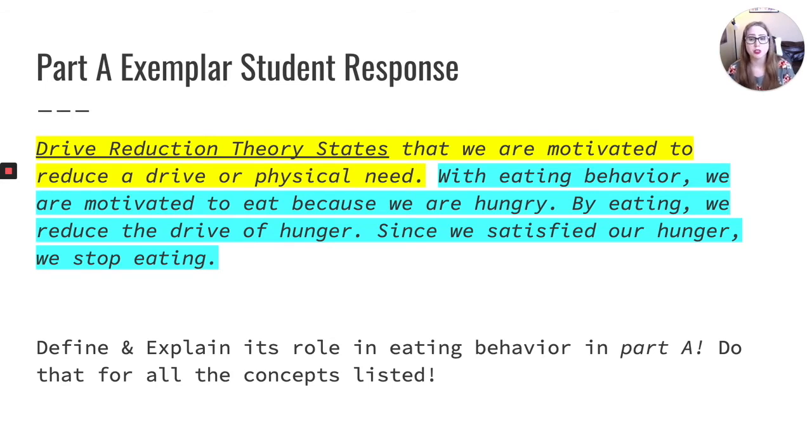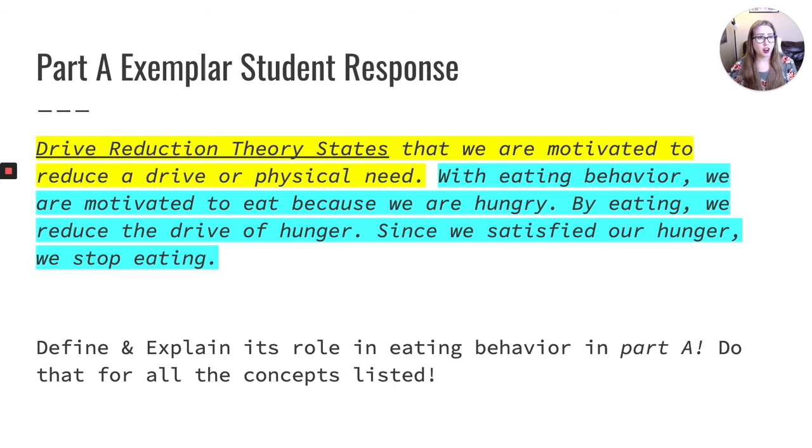By eating, we reduce the drive of hunger. Since we satisfied our hunger, we stop eating. Boom, that's how you get 1 point on part A. Not a whole lot of writing here either. So your job here is to define drive reduction theory and then explain how it affects eating behavior. You do that for all the concepts listed and you're going to get 4 points right off the bat.